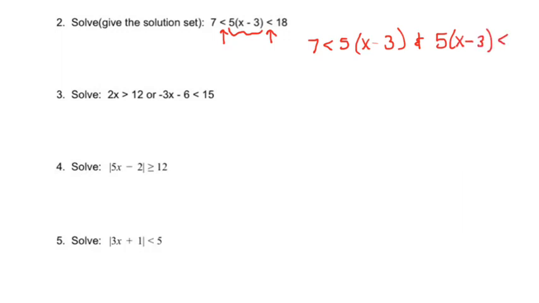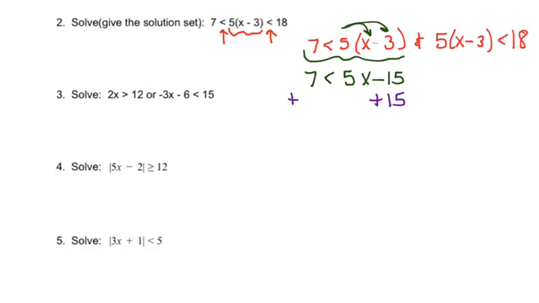Those are the conditions that must be met by 5 times x minus 3. Now we're back to problem number 1, where we have a single linear inequality and we're just solving for x. This time we have to distribute the 5, so we get 5x minus 15. We'll add 15 to both sides.